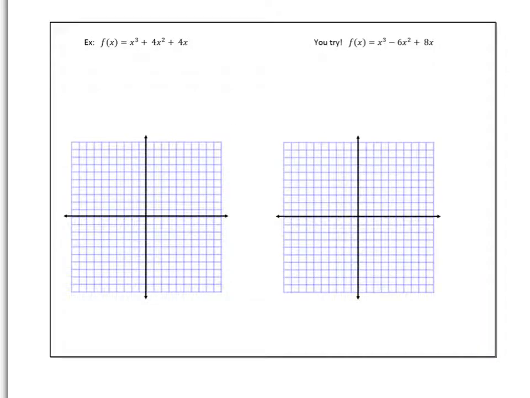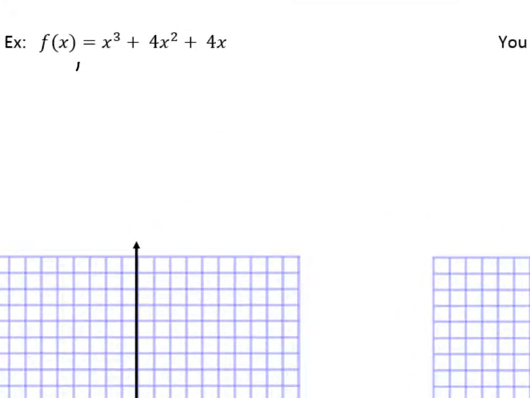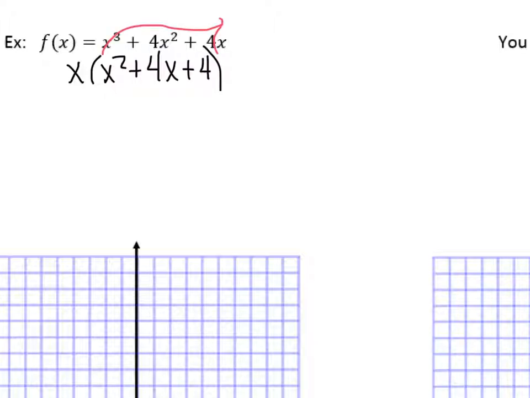So our first example, x cubed plus 4x squared plus 4x. Well, the first thing we're going to do is factor. They each have an x, so we're going to take that x out. And now with the quadratic that's left, we're going to use our Santa hat method. So we've got 1 times 4, which is 4, and we need factors of 4 that also add up to 4.